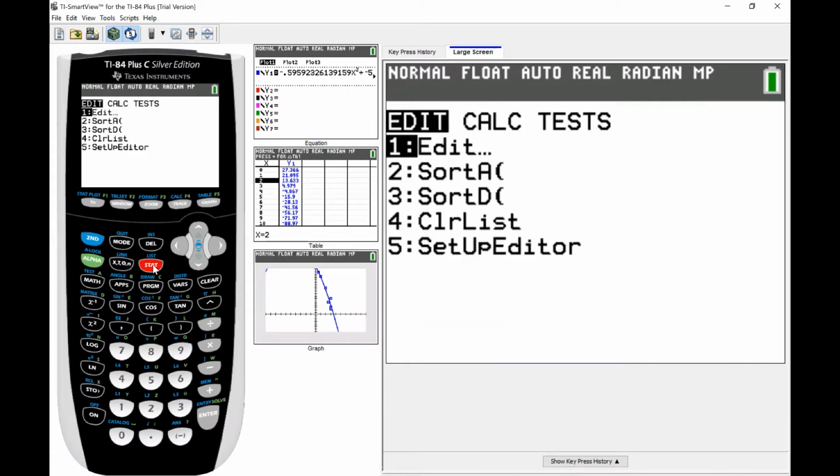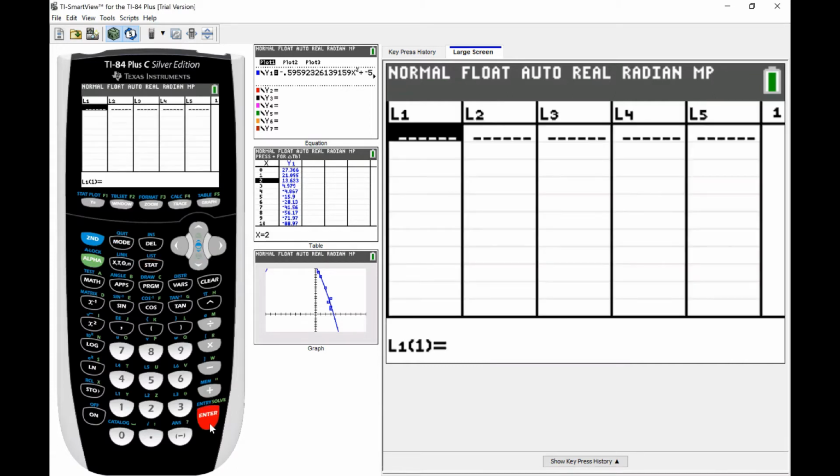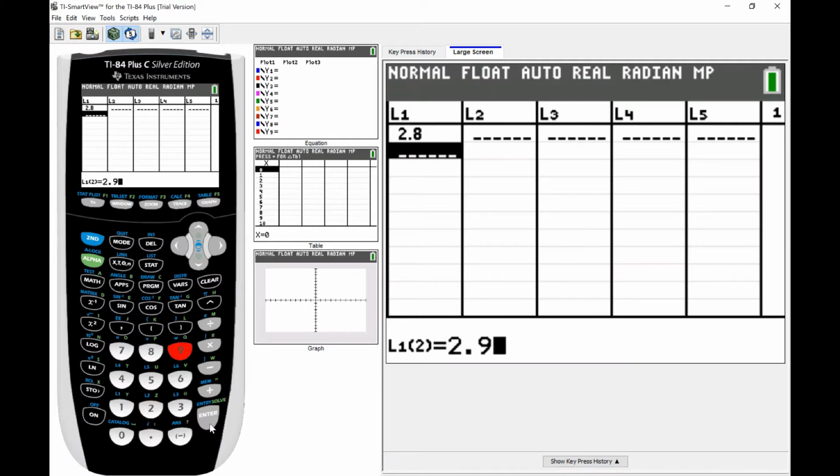So now let's plug this data into our L1 and L2. Go to stat, and then edit. Now let's plug in this data set. So 2.8 for X, 2.9, 3, 3.1, 1.8, 1.25, 0.5.